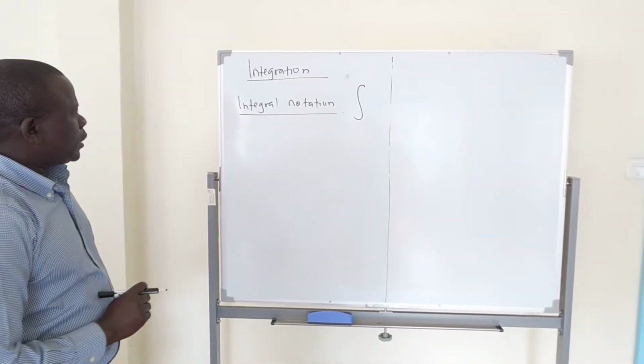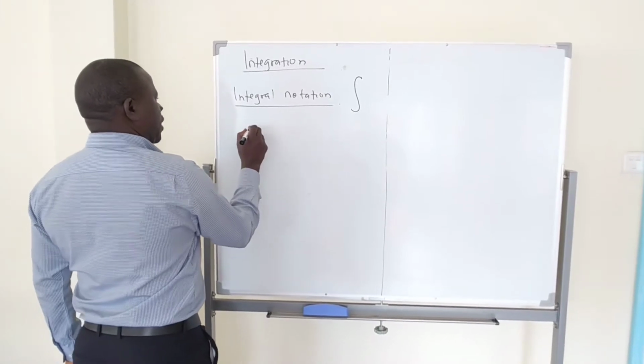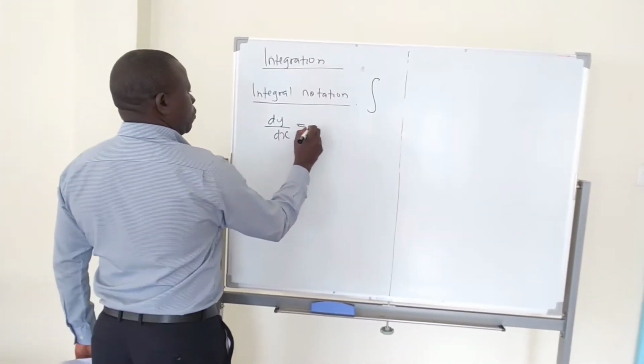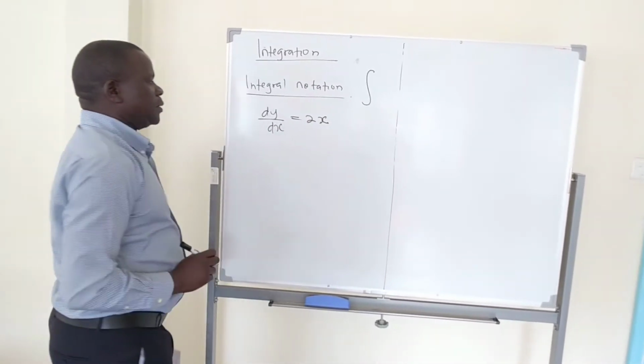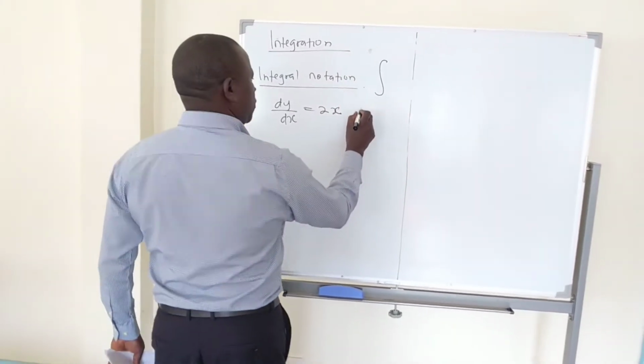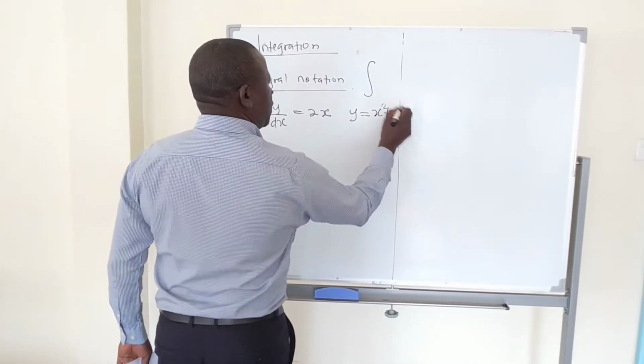Now, we are aware that if I say dy by dx is equal to 2x as the derivative, this derivative comes from the function y is equal to x squared plus c.